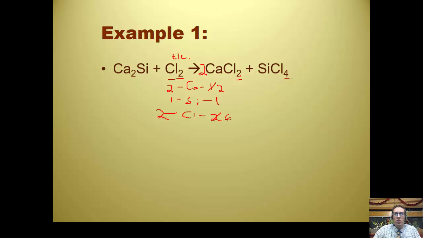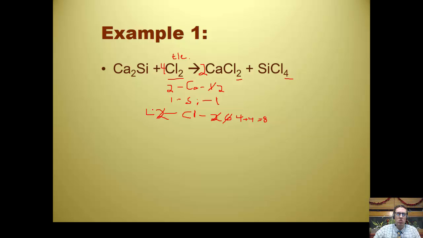So let's count. 2 times 2 is 4 plus the 4 from before. That equals 8, which we should be all right with. Now we can balance. Again, silicon's good. Don't need to worry about the silicons, but we do need to worry about the chlorines. If we've got 8 on this side, we need to have 8 on the other side, meaning we're going to drop a 4 coefficient.